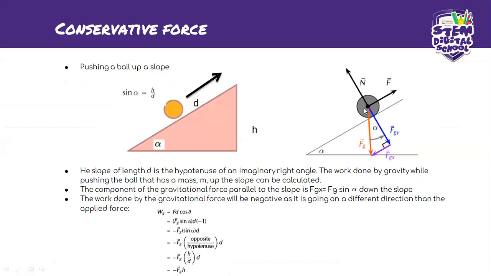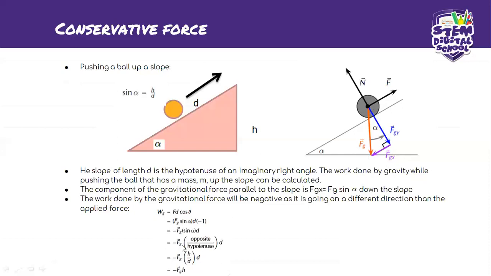But if you check here, this Fgx is going in an opposite direction, which means that this will act sort of like a frictional force, because it will become a minus. You see, when we put it in the formula, it becomes a minus. So we're not going to use this normal force because it's perpendicular to the distance the object traveled. So we're only going to have this Fgx.